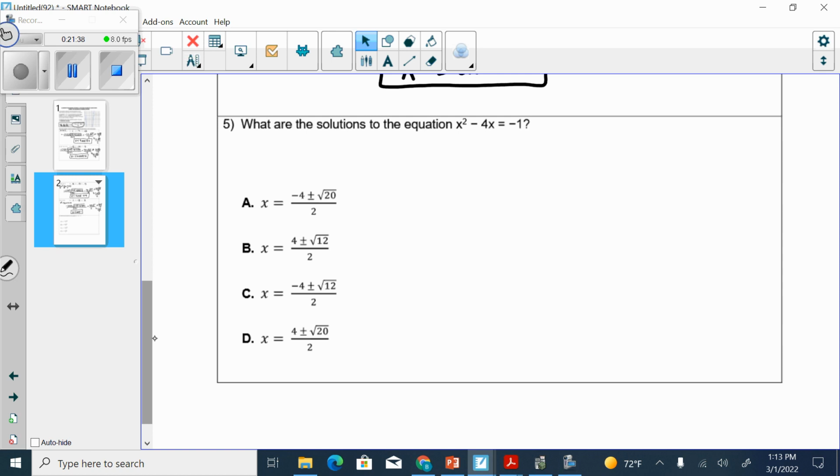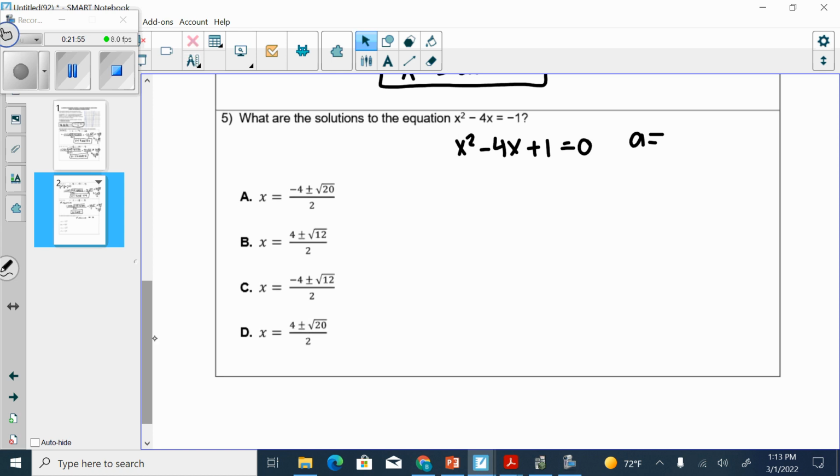Well, before I can plug anything in, I got to rearrange here. What do I need to do? Add 1, very good. So x squared minus 4x plus 1 equals 0. Well, what are my A, B, and C for this equation? Very good. All right, so I'm going to plug those into the equation.